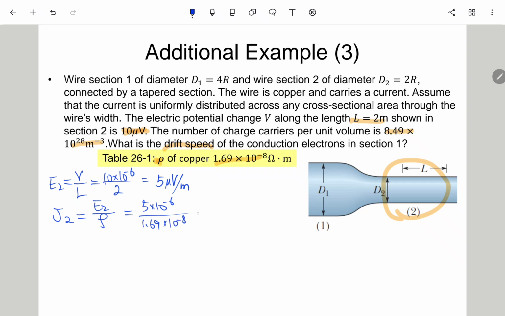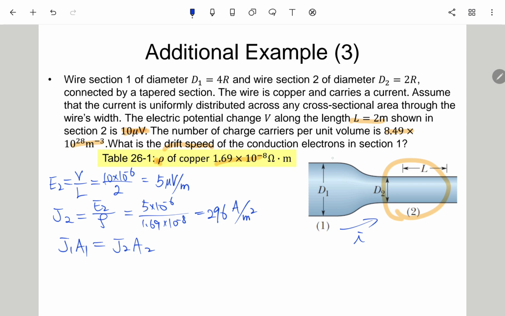So this is 296 A per meter squared. Now we can have an equation: J1A1, which is the current I for the first part, should be equal to J2A2.